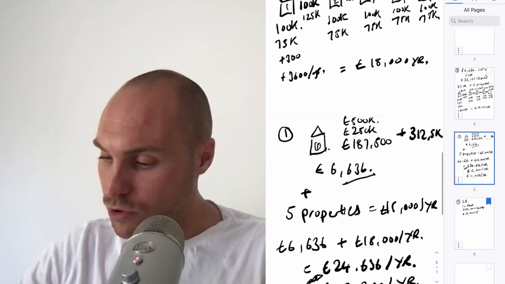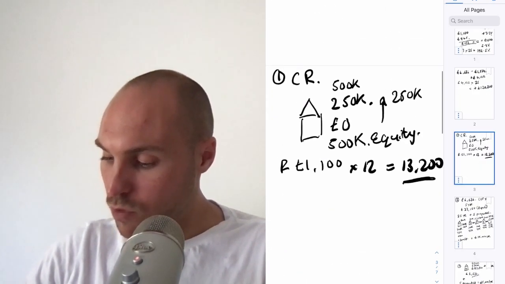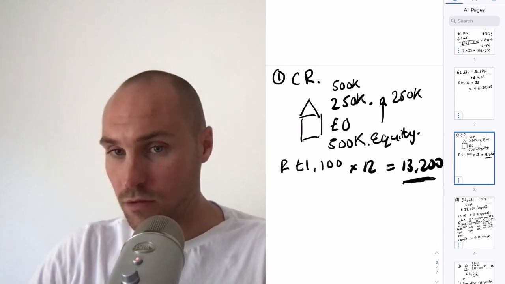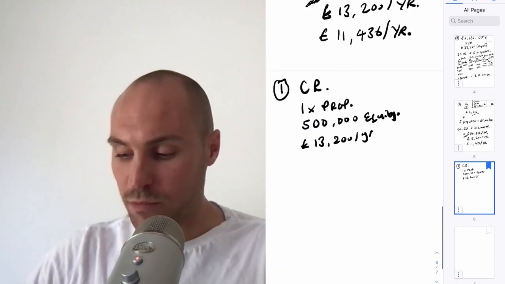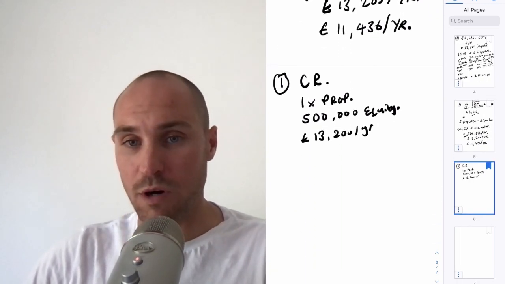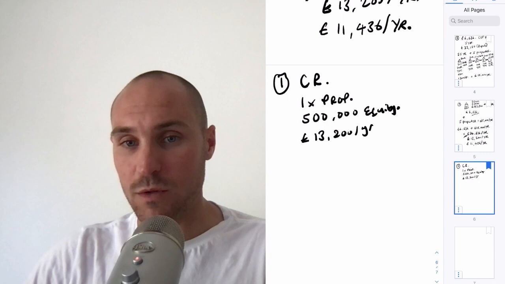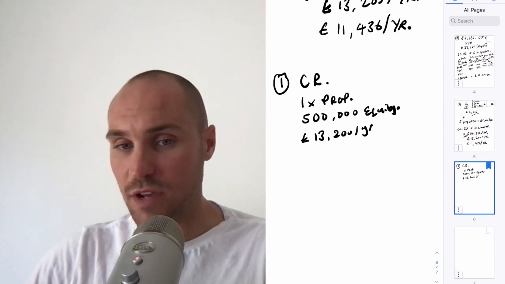That was the result of buying on capital repayment: one property, £500,000 of equity and 13,200 a year of cash flow.